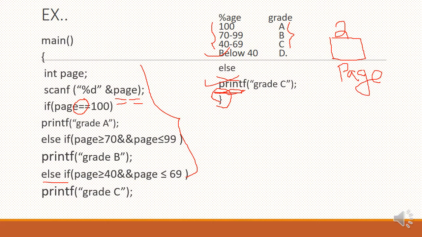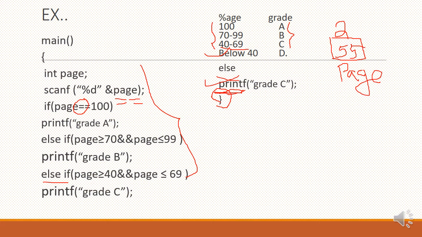Okay, we will see one simple example. Only one example I will explain. Let us read 55 as our percentage. What should it print? For 55, it should print grade C. So here int percentage, you have read that value, so the 55 is stored here. First it checks the percentage, which is nothing but 55.